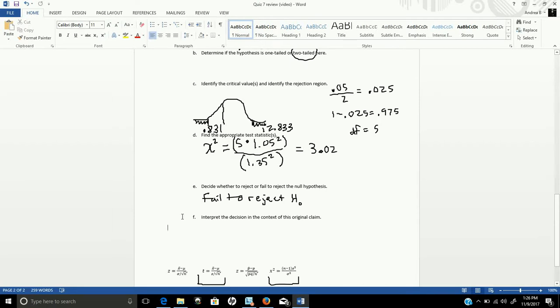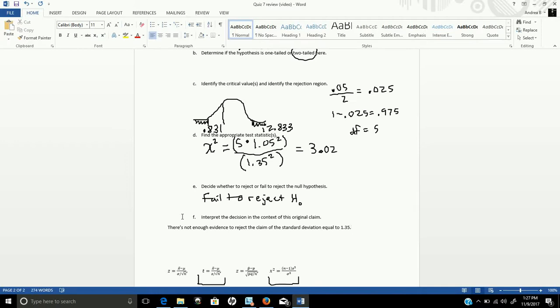So one way to write that out here is that there is not enough evidence to reject the claim of the standard deviation equal to 1.35.